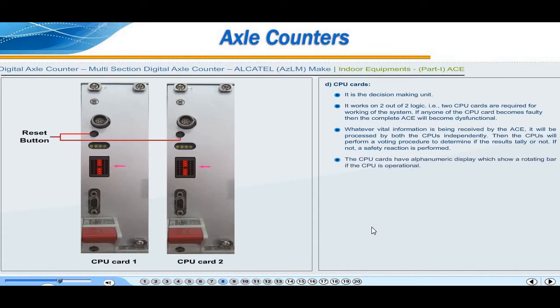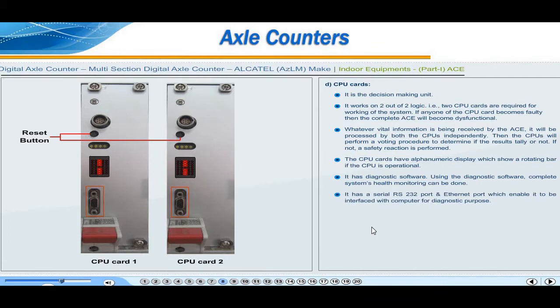The CPU cards have an alphanumeric display which shows a rotating bar if the CPU is operational. It has diagnostic software. Using the diagnostic software, the complete system's health monitoring can be done. It has a serial RS-232 port and an Ethernet port which enable it to be interfaced with a computer for diagnostic purposes.